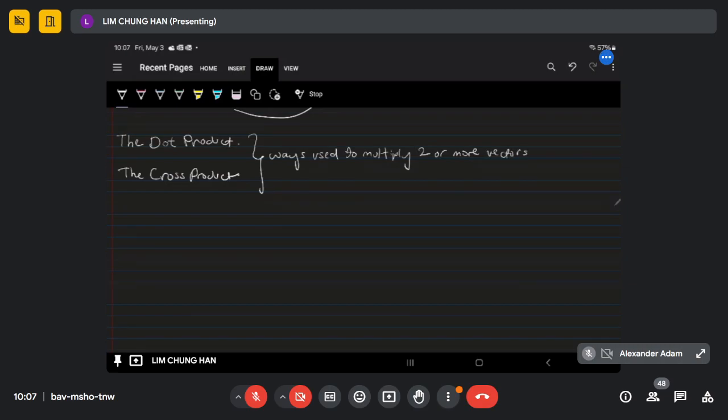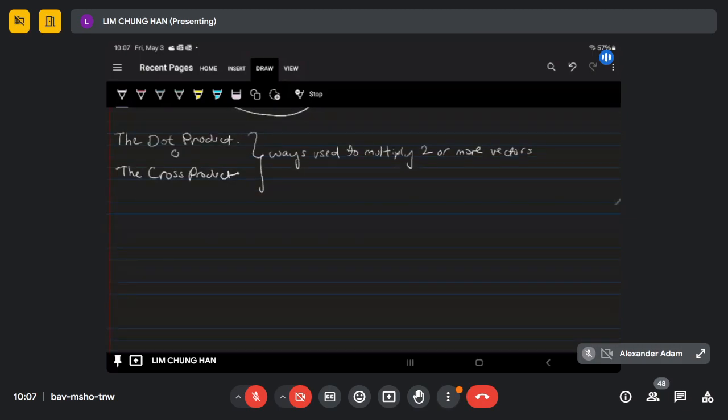When I say the dot product, what I mean is, let's say you have a vector A, you dot vector B. That's the dot product literally: vector A dot vector B. And a cross product is literally vector A cross vector B. That's the difference in definition between the two.